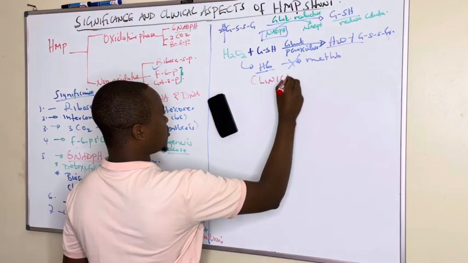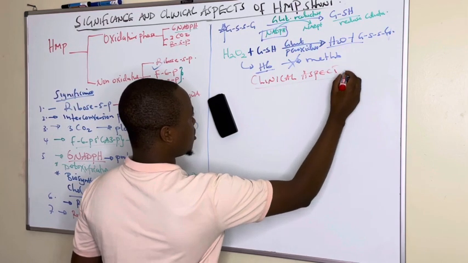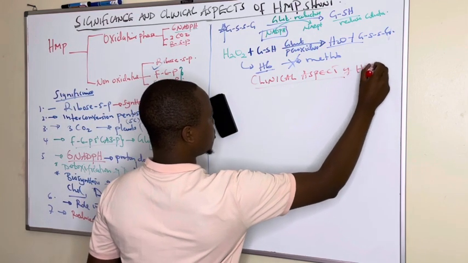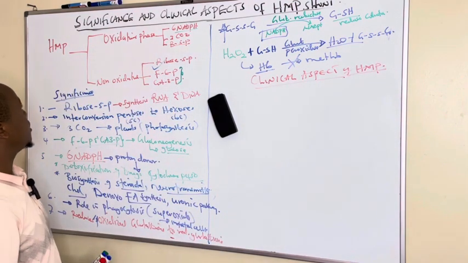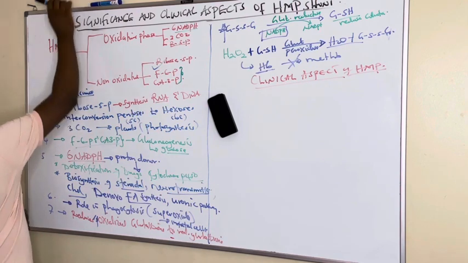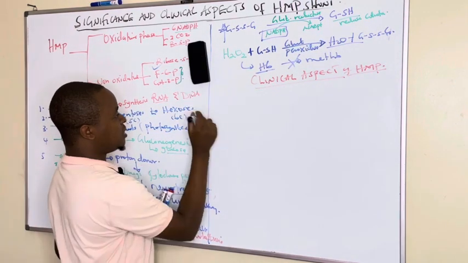And look at the clinical aspect of this pathway of HMP, or what we call pentose phosphate pathway, or hexose monophosphate shunt. And this shunt plays a major role, whereby there are three major clinical aspects.